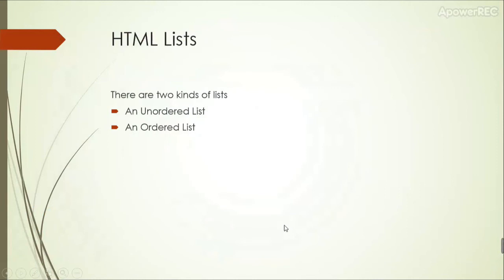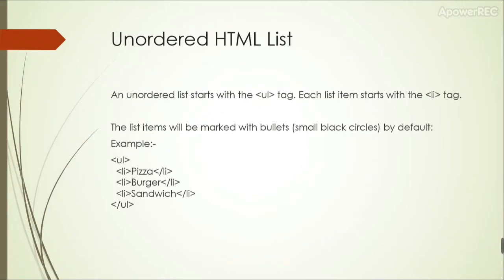Next one is HTML list. There are two kinds of list, like an unordered list and ordered list we use in HTML. In unordered list, it starts with UL tag and each list starts with li tag.